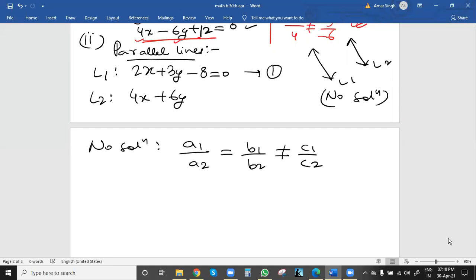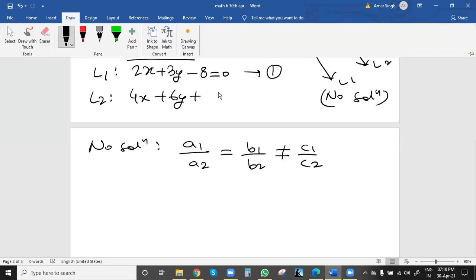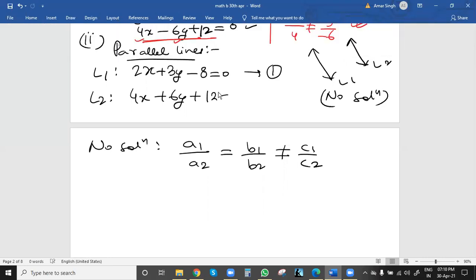Now it should not be equal to C1 by C2. So I can write 8, or better, if you want to draw the graph also, let us take 12, because the common multiple of 4 and 6 will be 12. So this will be the required second equation, from where you get the second line.